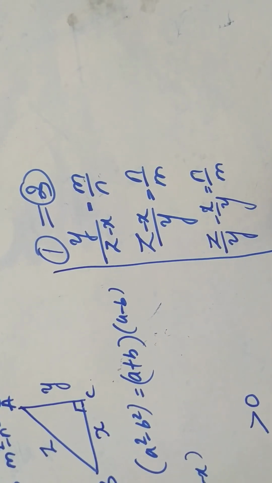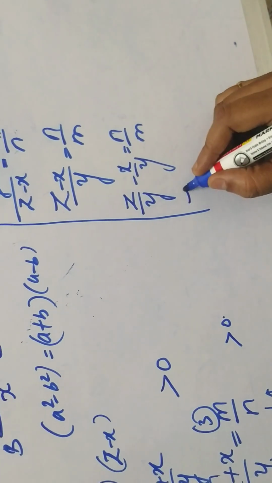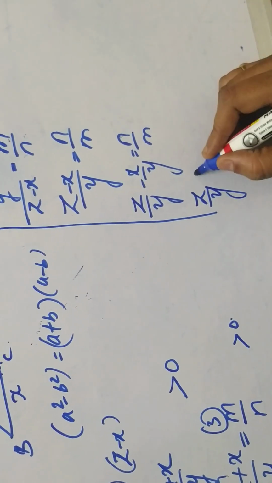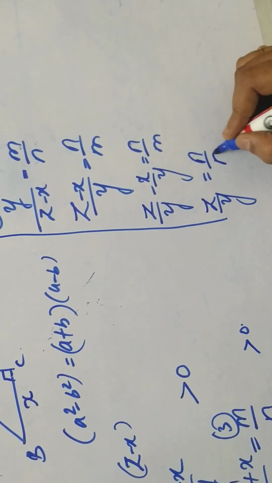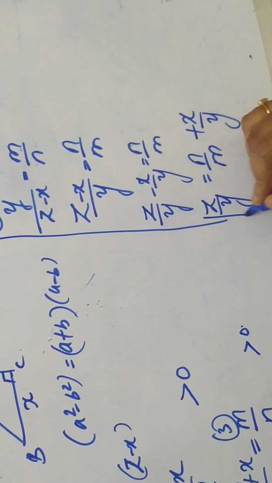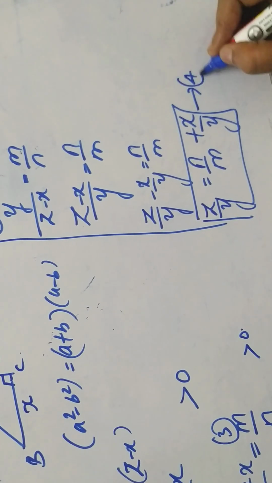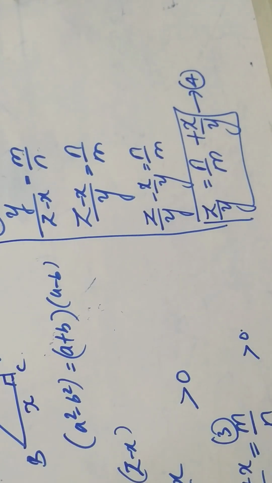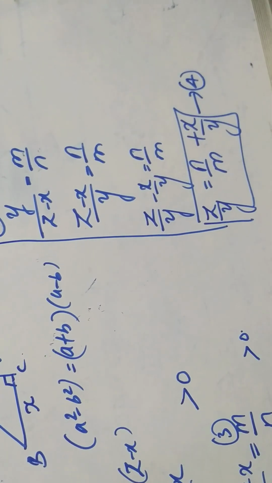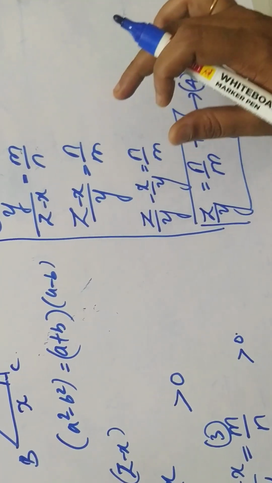Or I can write z by y is equal to n by m plus x by y. I'll take this as fourth equation. Already 1, 2, 3 we have given a notation, so I'll use this as the fourth one. So first and third we equated.